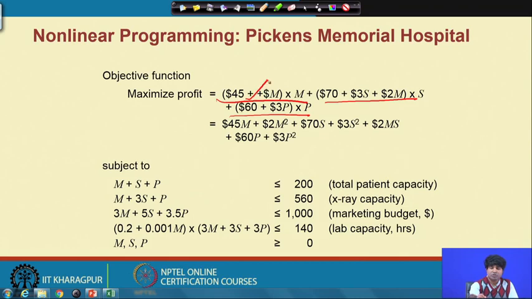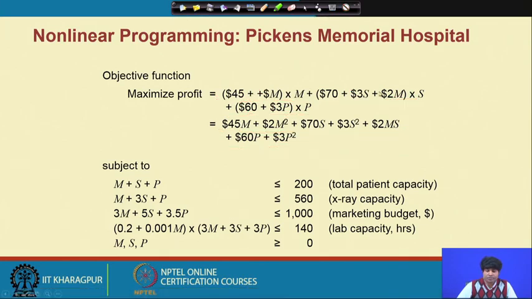So, this is the typical business structure, when we analyze or process the particular profit structures as per the business requirement or business character. Ultimately the objective function is nonlinear, and then we have certain constraints here. As already mentioned, there are three constraints corresponding to this particular problem.